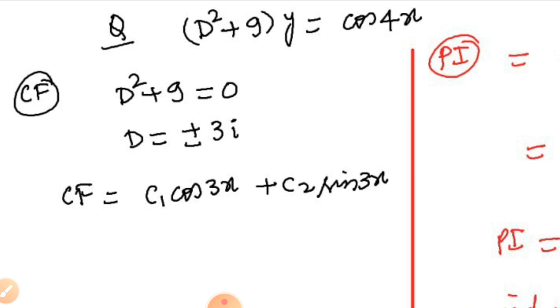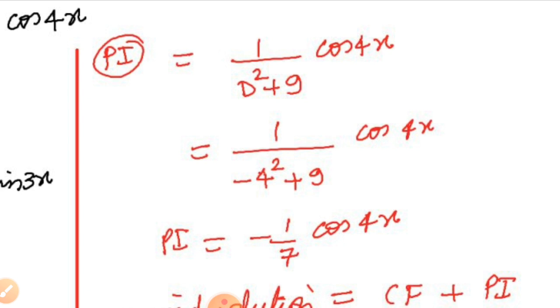Now the second step will be to find the particular integral of this equation. For the particular integral we will write 1 by d square plus 9, cos 4x, and first we will try to replace d square by minus 4 square, meaning minus a square. So the solution will be 1 by minus 4 square plus 9.